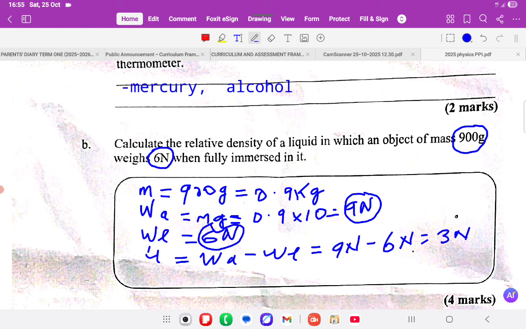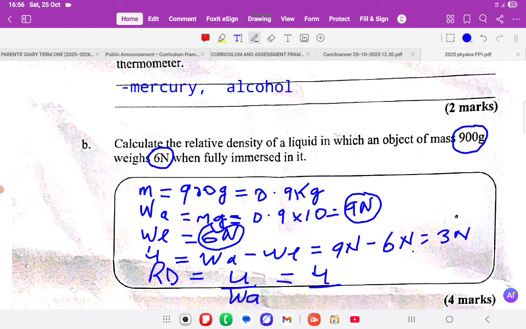So we are saying relative density is equal to upthrust U divided by weight of the object in the air. And remember, this is the same as upthrust U divided by weight of an equal volume of water.